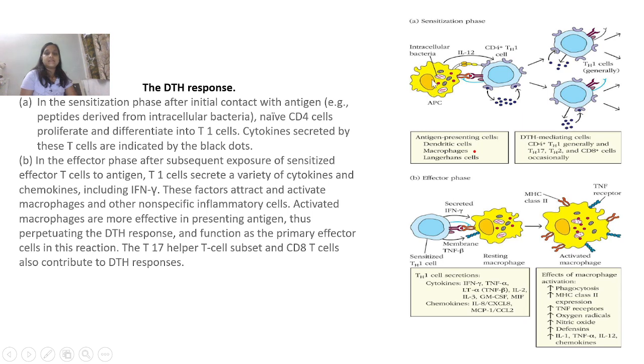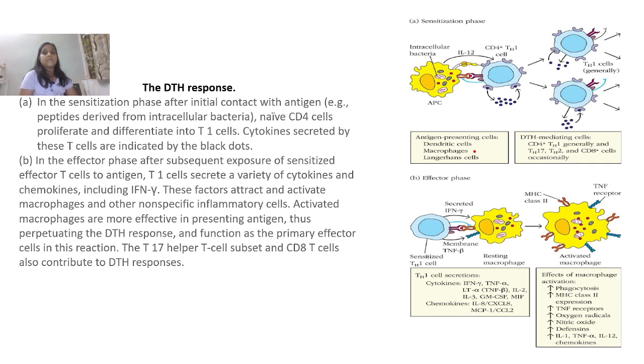So here you can see this is an antigen presenting cell. First the antigen presenting cell can recognize that some pathogen is coming. There are peptides which are present on the surface of this intracellular bacteria, and the APC or antigen presenting cell can recognize those peptides.